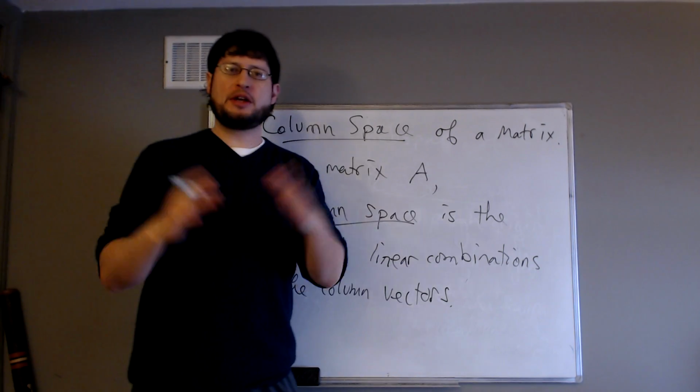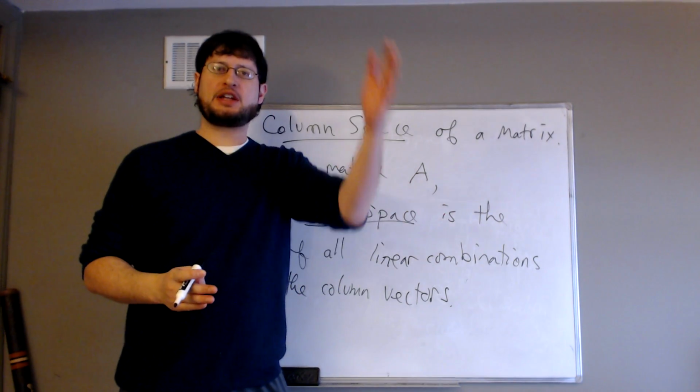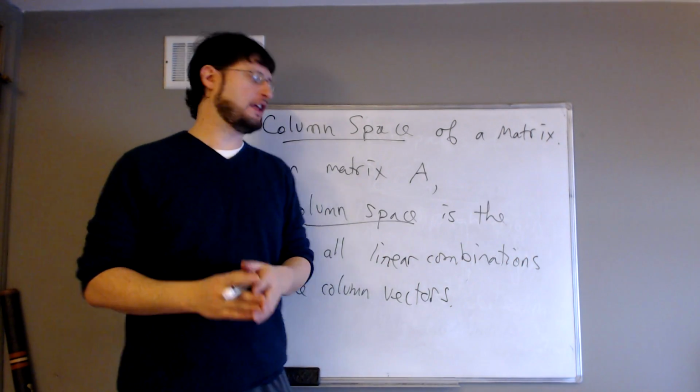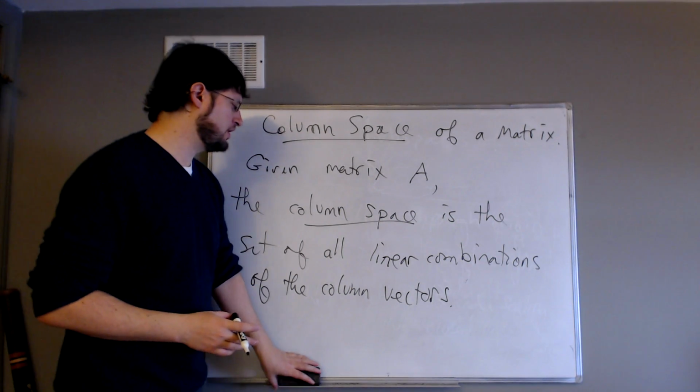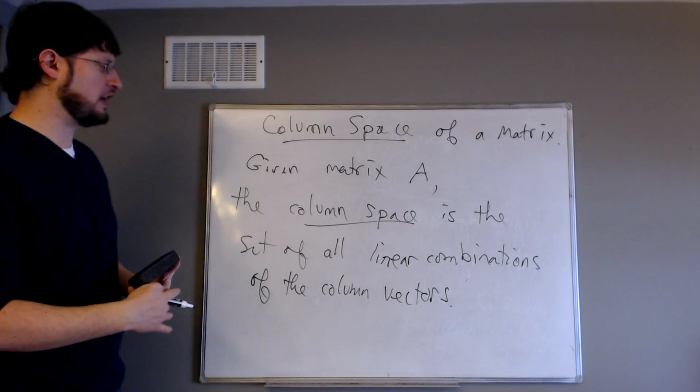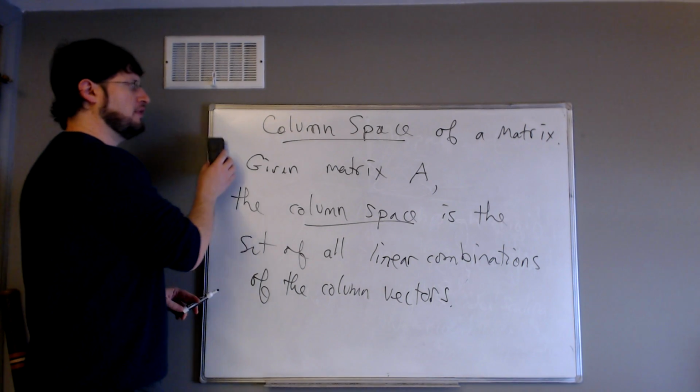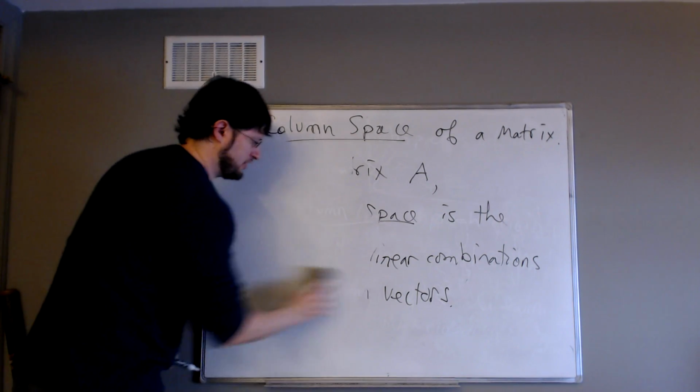All right, so I have a matrix, I have the vectors that make up its columns. If I look at all linear combinations, we'll see that that is in fact a column space. So let me remind you what I mean even by linear combinations.